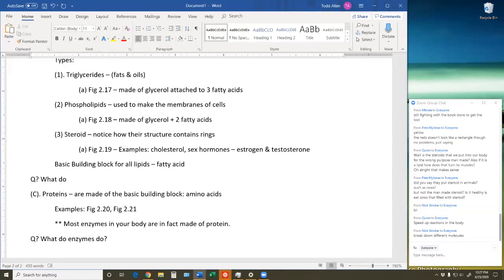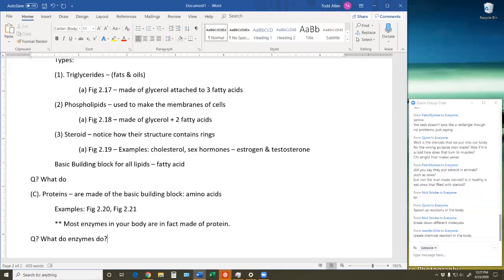Because Nick, not all enzymes break things down. Some enzymes actually manufacture things. So what do enzymes do? Okay, Jennifer, they create a chemical reaction in the body. I wouldn't say they create it, but they do accelerate it. Enzymes are molecules that accelerate chemical reactions. So enzymes are proteins that accelerate chemical reactions.